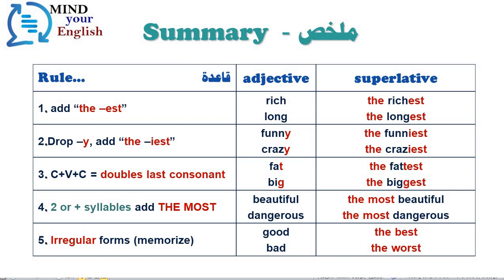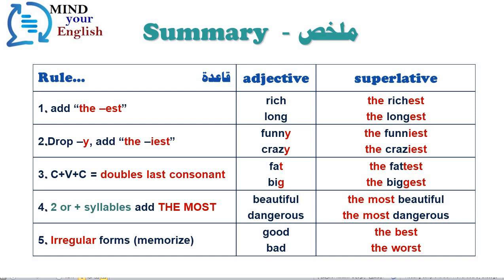They become the richest and the longest. Rule 2. Drop y and add the before the adjective and add iest to the adjective. Adjectives funny and crazy. They become the funniest and the craziest.